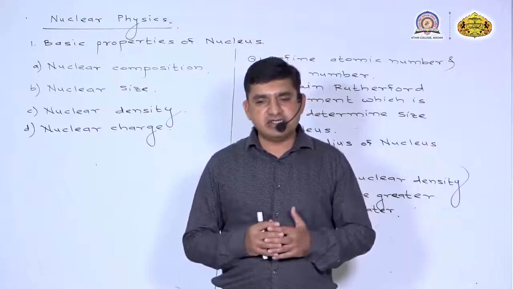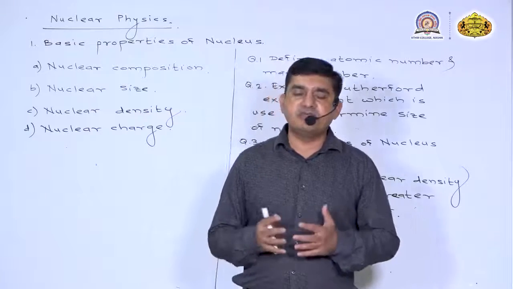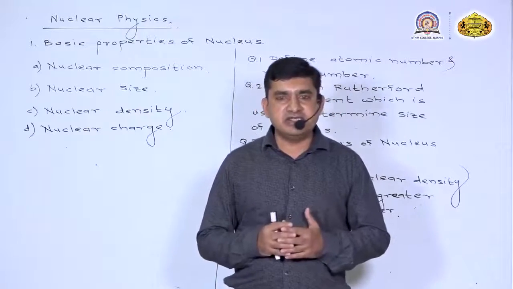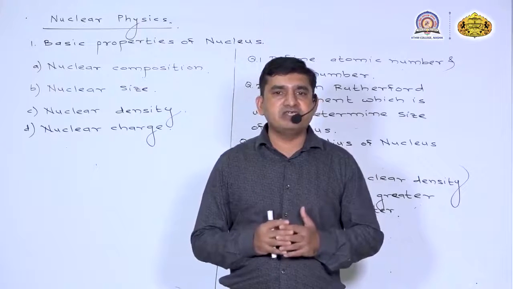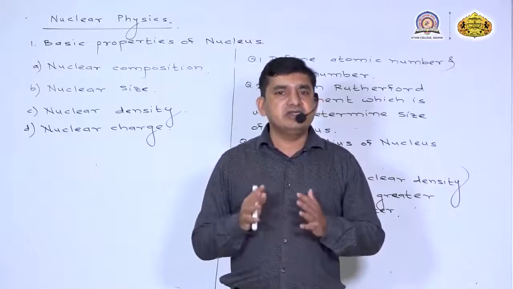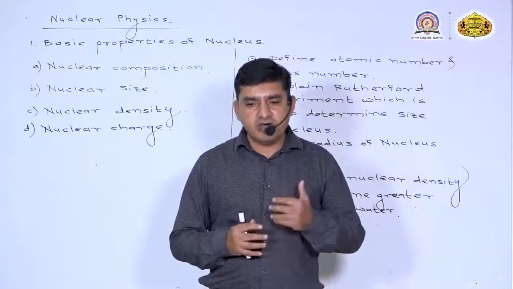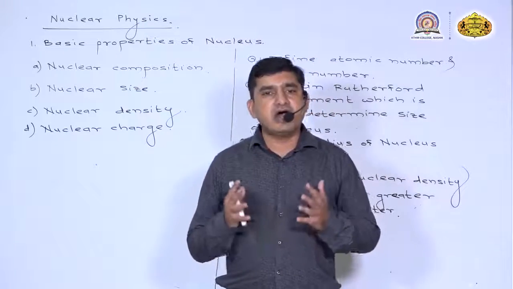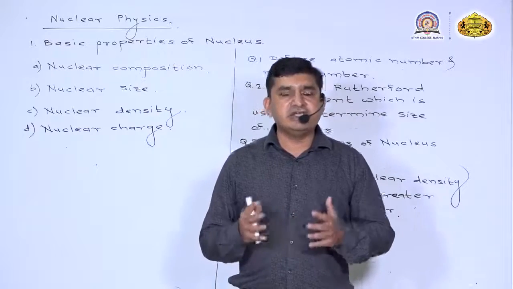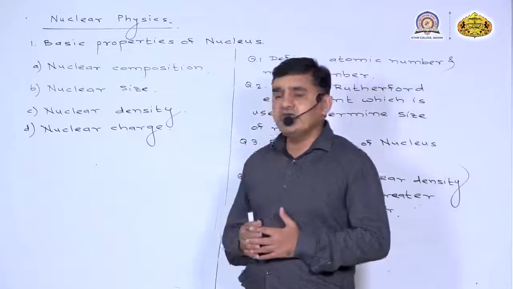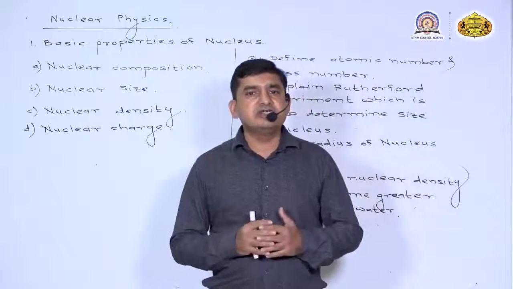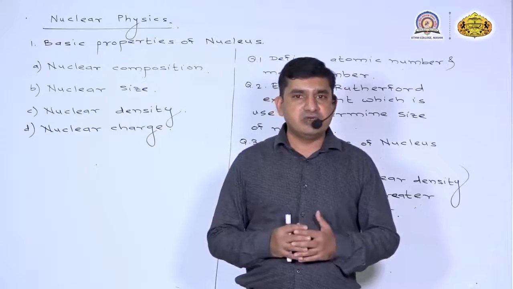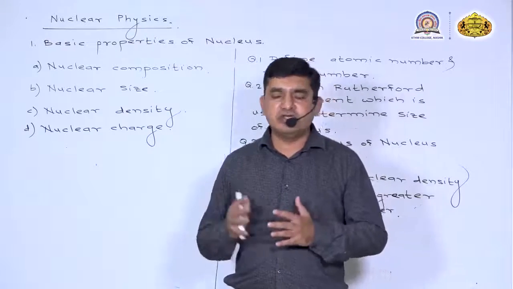If we consider the mass of a proton is approximately equal to the mass of a neutron, then we can represent it, mass of a nucleus is A into Mp, and the volume of a nucleus is 4 by 3 pi r cube, and r is the radius of the nucleus, which can be found by using the empirical formula, that is r is equal to r0 into A raised to 1 by 3.